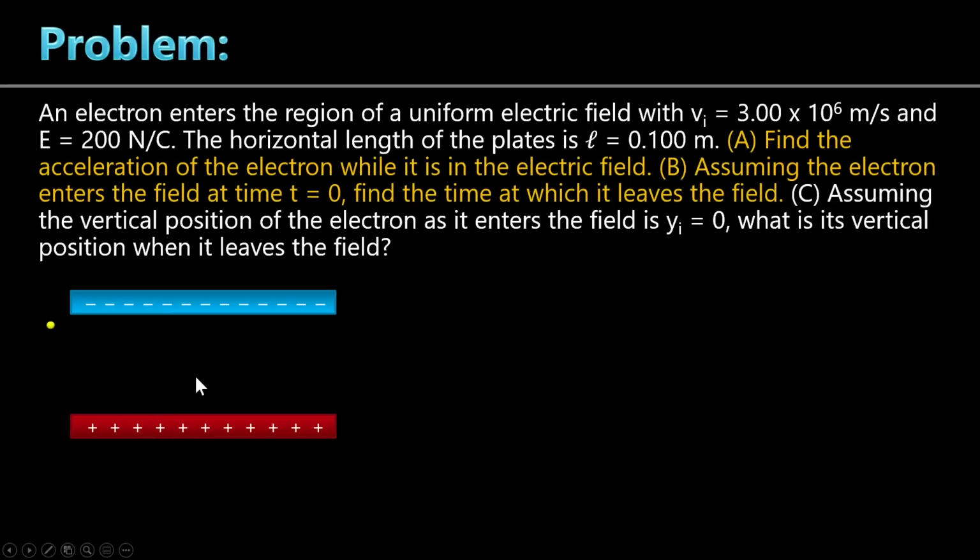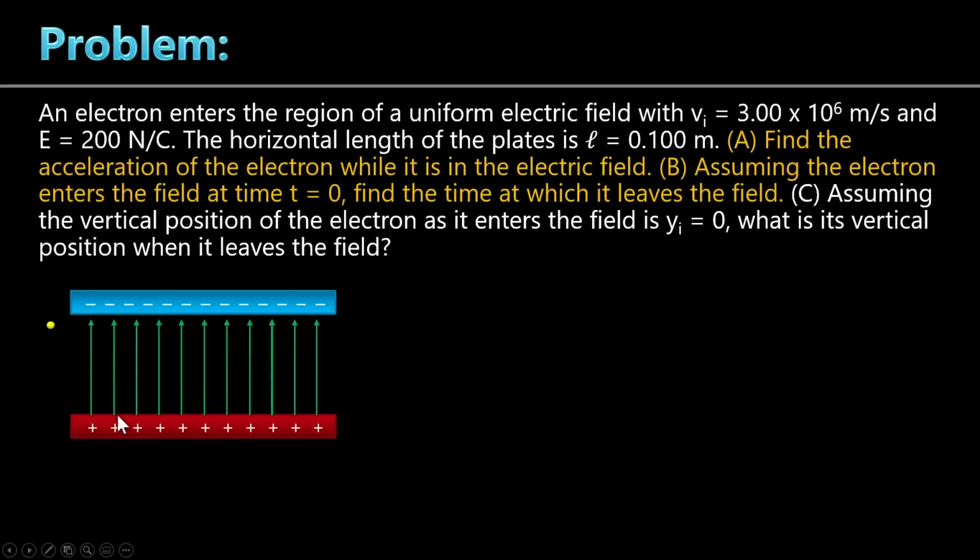Ito yung electric field dun sa region between the plates, upward, kasi nga positive to negative. Uniform yung electric field according to the problem. Initially, this electron has a velocity which is directed to the right. So, yung kanyang initial velocity ay purely in the horizontal direction. Pagpasok niya sa region kung saan may electric field, may mararamdaman siyang force. 'Di ba?